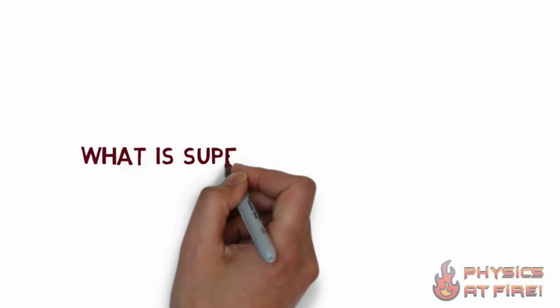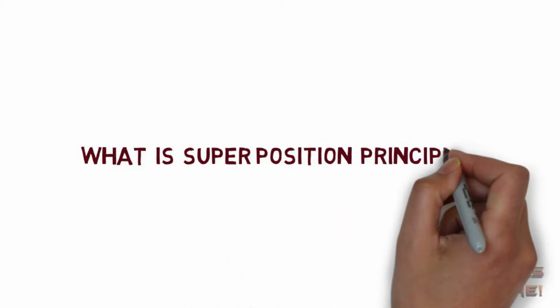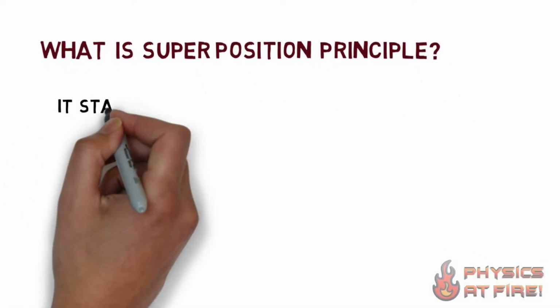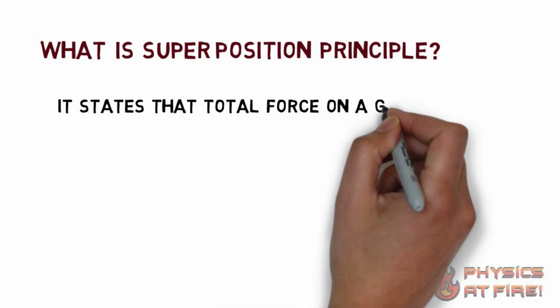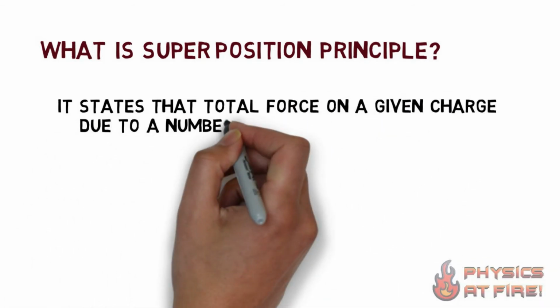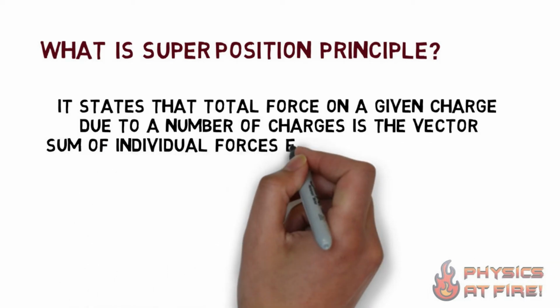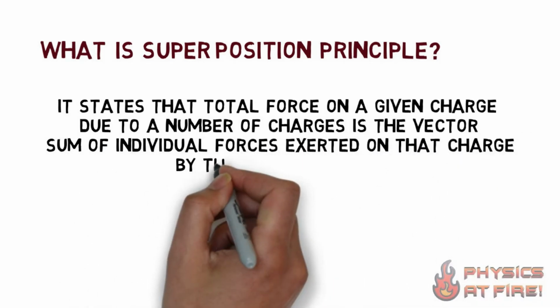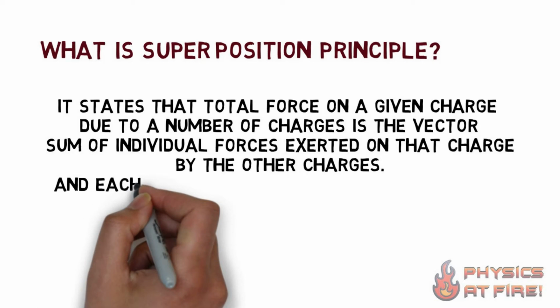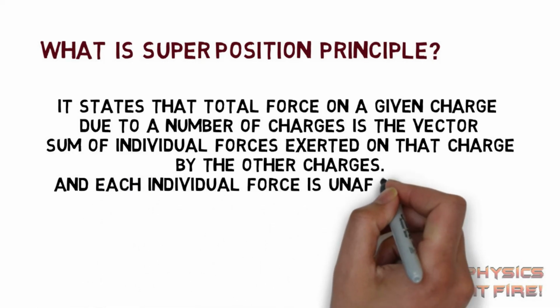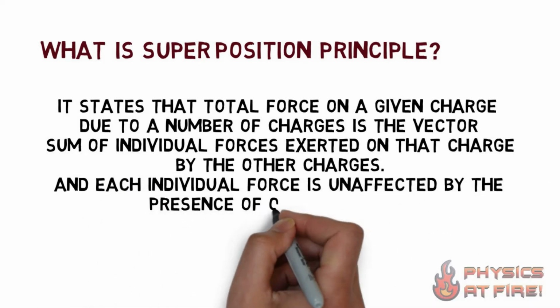Now, what is the principle of superposition? It states that the total force on a given charge due to a number of charges is the vector sum of individual forces exerted on that charge by the other charges, and each individual force is unaffected by the presence of other charges.